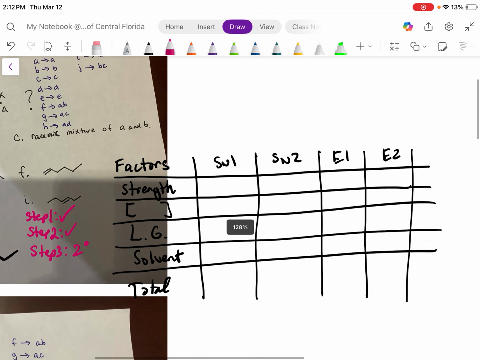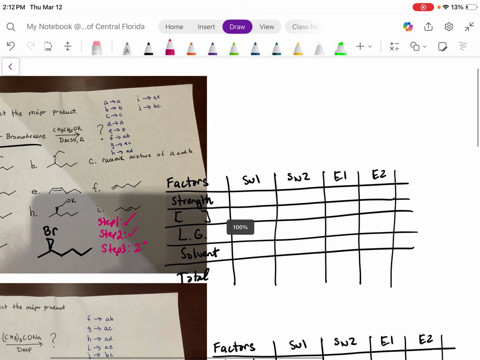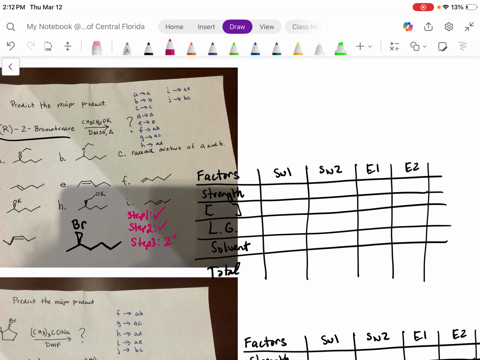And so now we just have to go through the factors here to get an idea of what kind of mechanism is possible. The first factor is the strength. Is the attacking species strong or weak? When we zoom in on that guy, we see that it looks like this, and then you have the positive potassium.